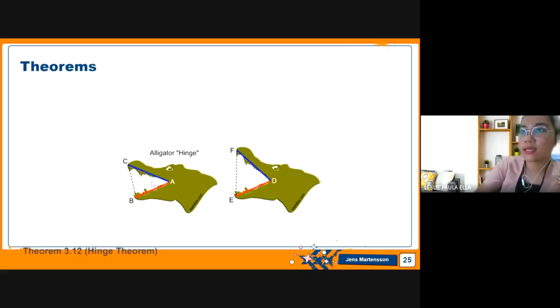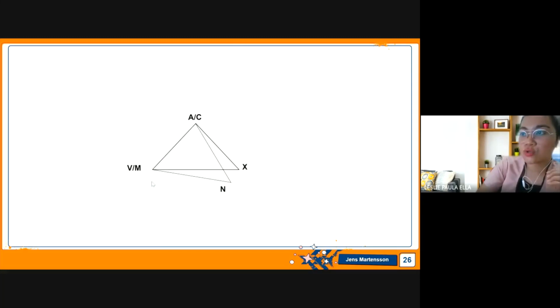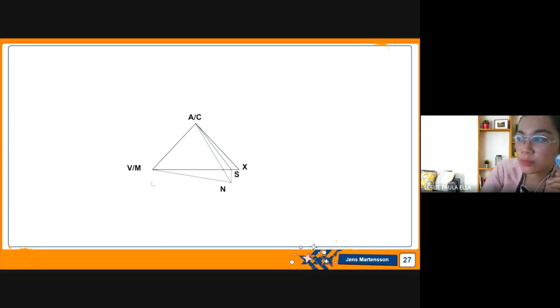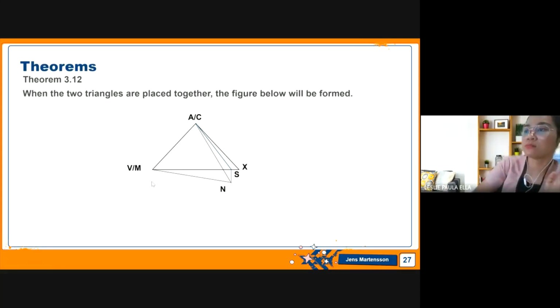So that is the Hinge Theorem. When they are put together, this is the figure that will be formed. The two triangles will look like this.